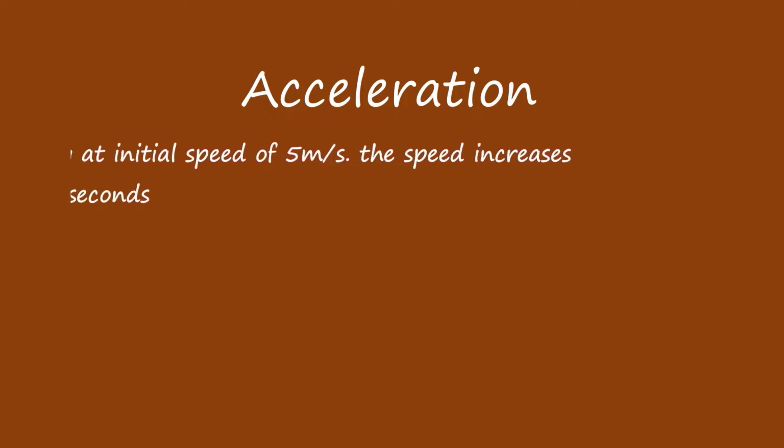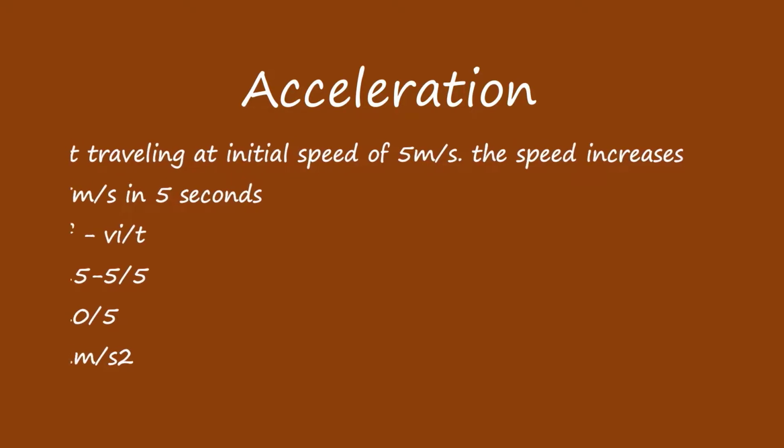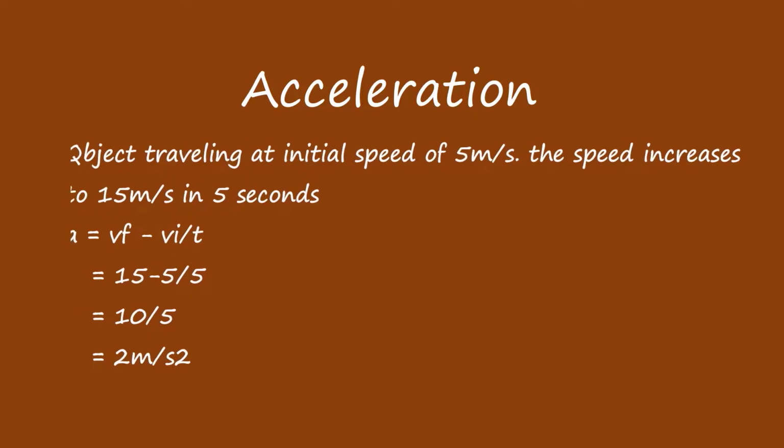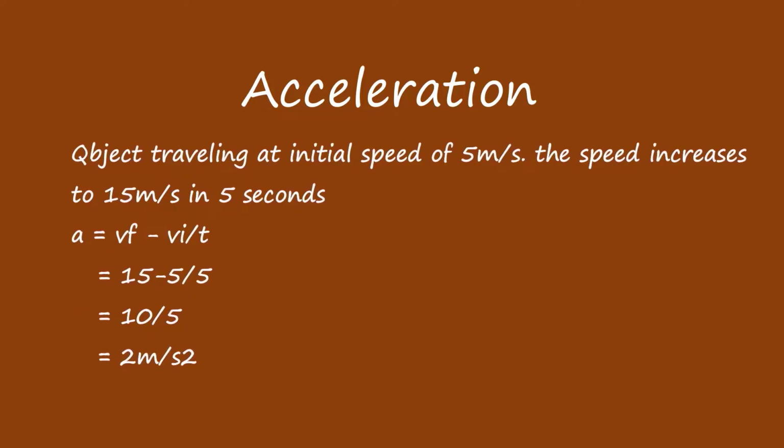Consider an object traveling at an initial speed of 5 meters per second, and it increases its speed to 15 meters per second in a time of 5 seconds. So the acceleration will be 15 minus 5 over 5, which gives you 2 meters per second squared. Some people will also call it 2 meters per second per second. However, please take note that acceleration is measured in meters per second squared, unlike other measurements.